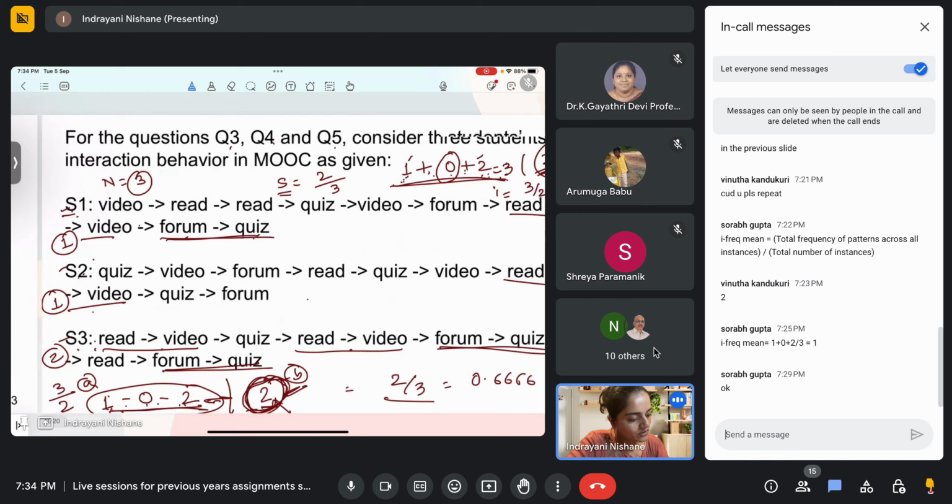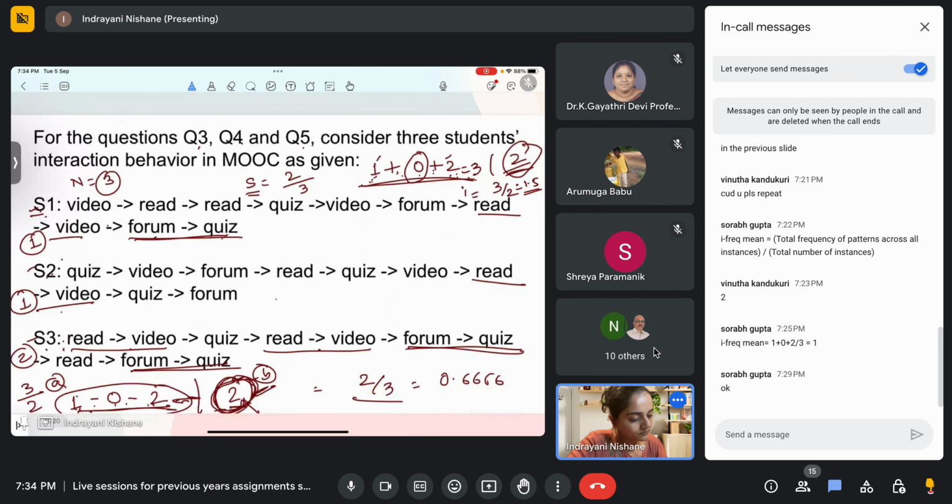Now let us do the quiz to read count. There is no quiz to read for S1. There's no quiz to read transition for S2 also. For S3, quiz to read 1 here, and quiz to read 2 here.